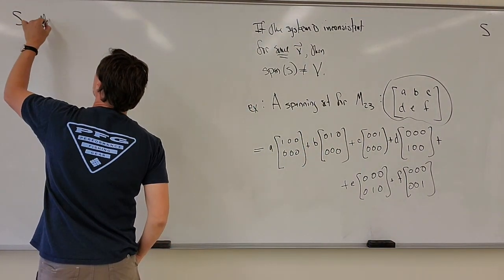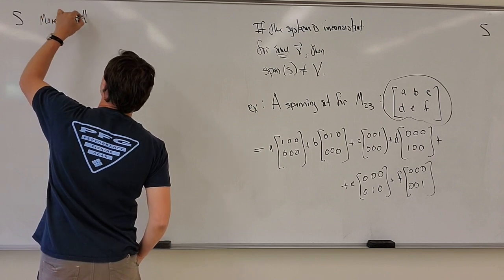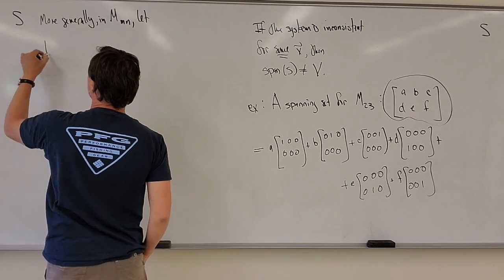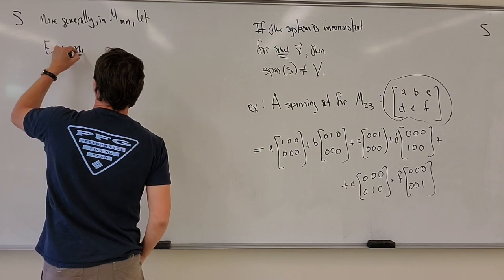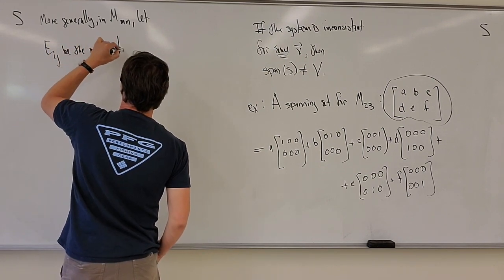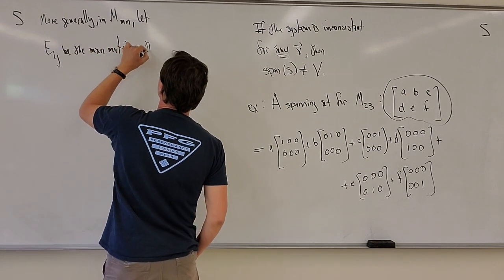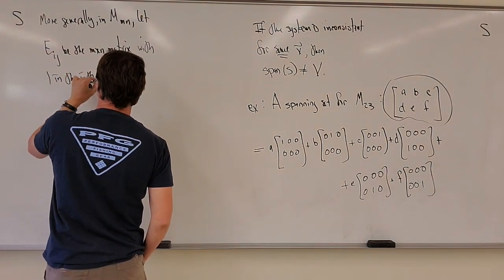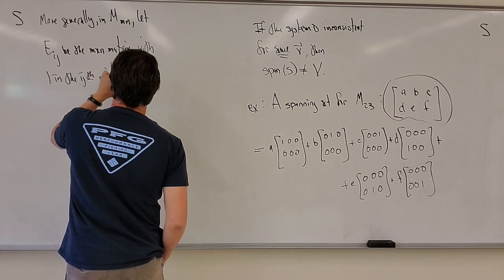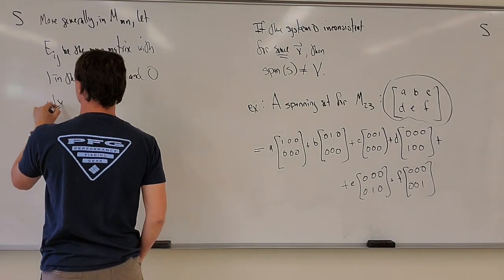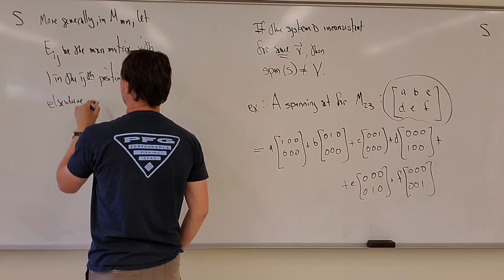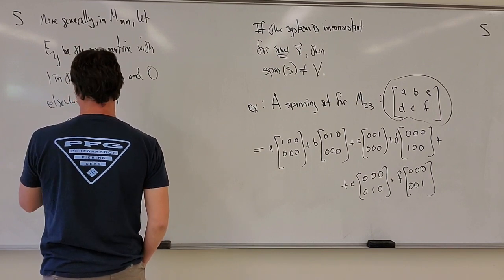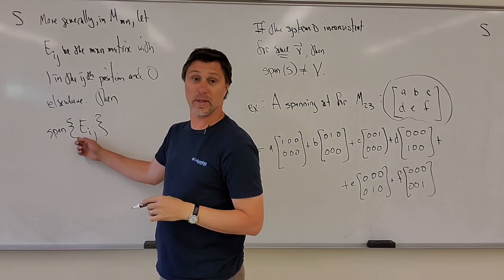So more generally, in M sub MN, let E sub ij be the M by N matrix with 1 in the ij position and 0 elsewhere, then the span of the set of all Eij, so I'm being a little loose here, take all possible E sub ij's, right?